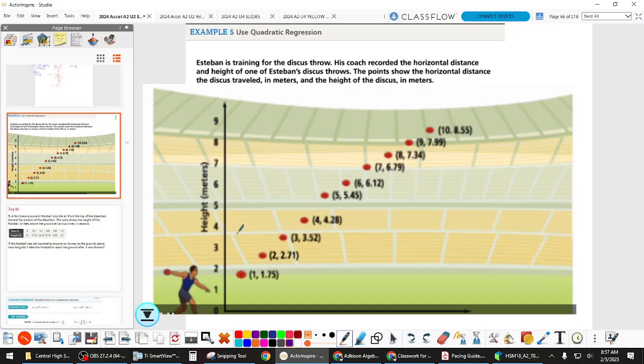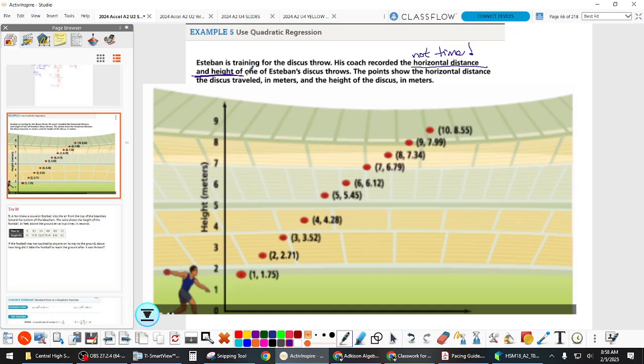Anyway, it says the coach is recording the horizontal distance, so not time this time. This is the first time we've done a height versus horizontal distance comparison. So horizontal distance is our x coordinate, height is the y coordinate. It says all of this is in meters this time, not in feet.